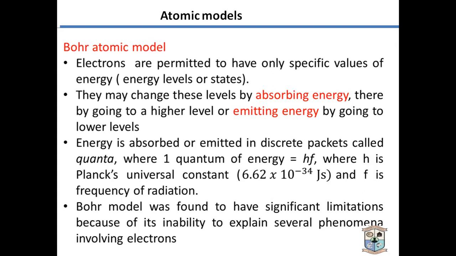Okay, take note of that. So when it goes to an allowed higher energy, energy is taken in, it is required for it to go to a higher energy. Then when it's going to a lower energy, energy is emitted, or an emission of energy occurs.